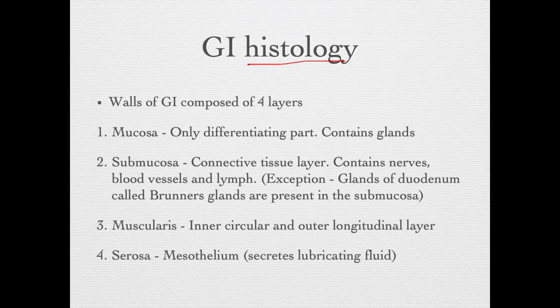The walls of the GI tract, starting from the esophagus until the anus, are composed of 4 layers. These are the mucosa, the submucosa, the muscularis, and the serosa. And from inner to outer, you can picture this as the mucosa, the submucosa, the muscularis, and the serosa.